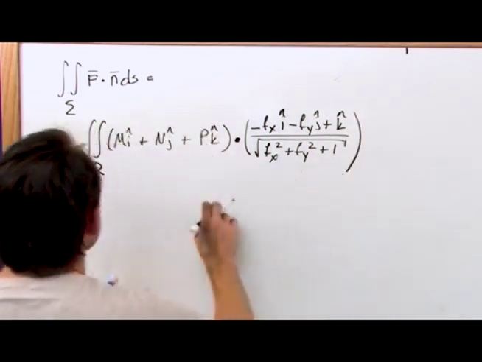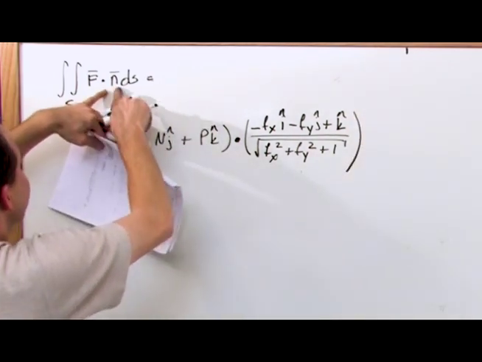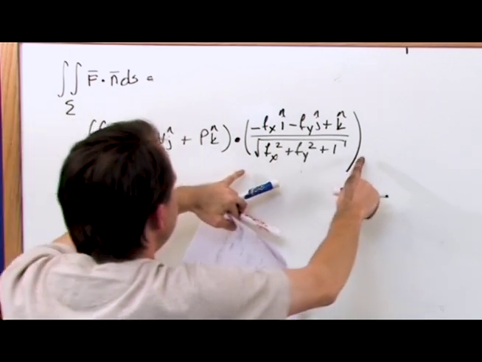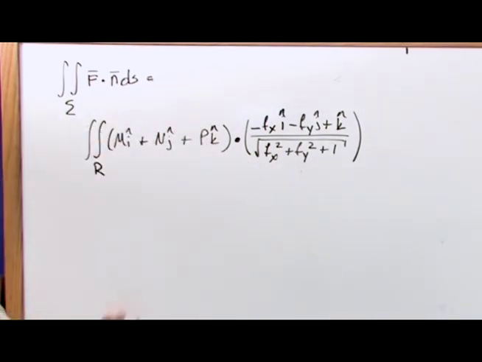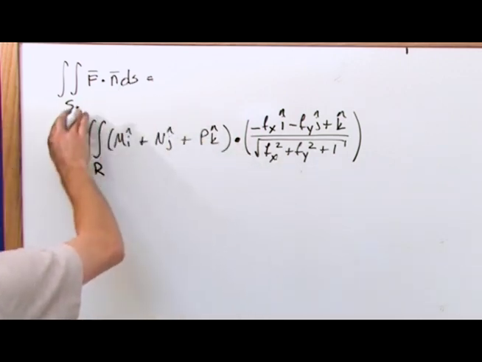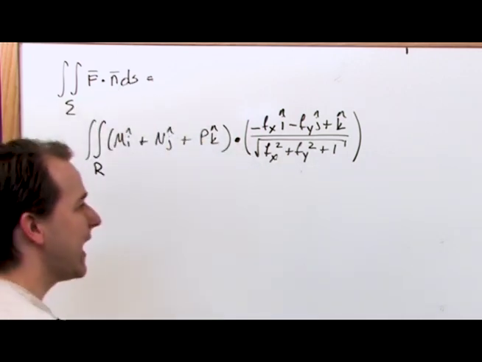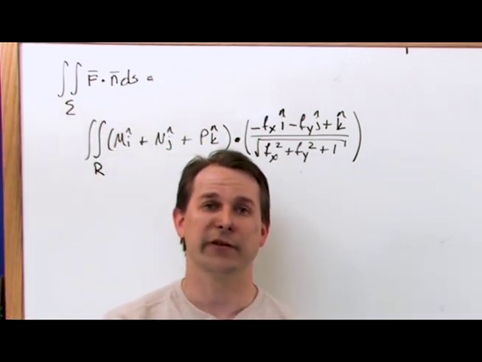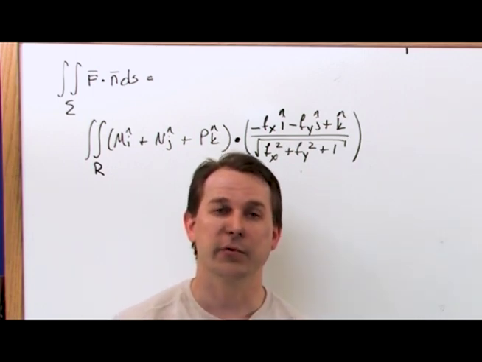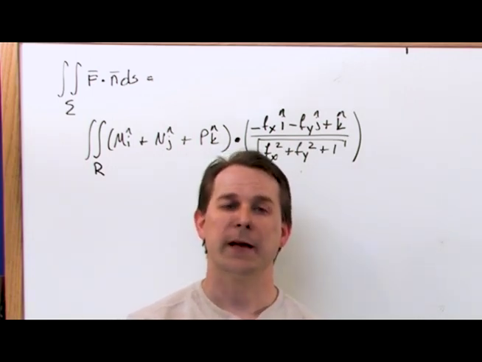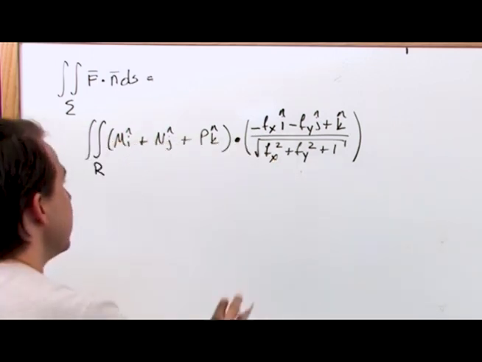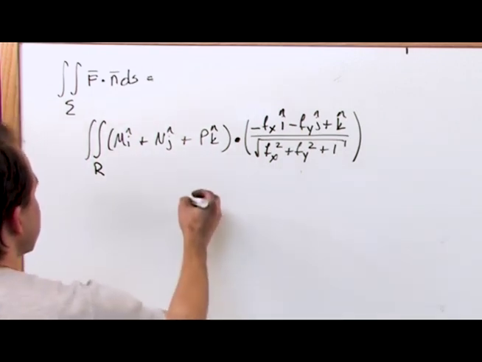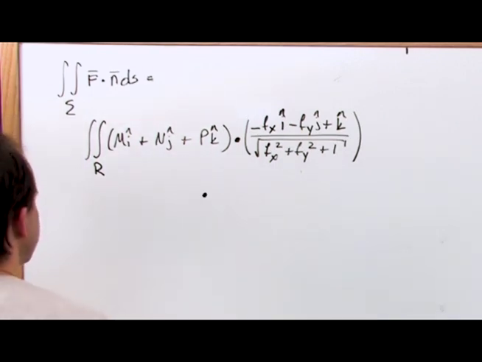So what I've done here is this is just the vector field. The normal vector here is just what I wrote on the previous board. Now I'm dotting these things together and integrating over the surface. From the last section, when we were doing integrals over surfaces, we integrated the function that we had, and then we had to multiply by a term at the very end that we could then use to integrate.